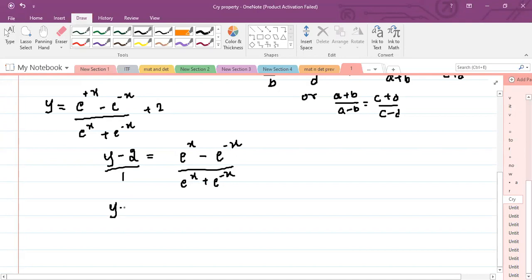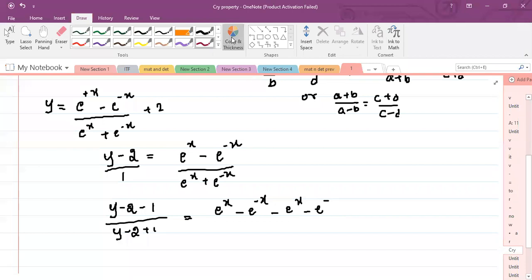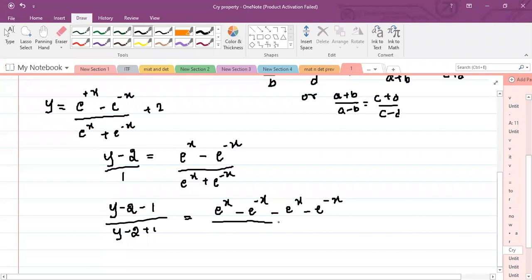Here I will write (y minus 2 minus 1) divided by (y minus 2 plus 1) is equal to (e raised to x minus e raised to minus x minus of e raised to x minus e raised to minus x) divided by the addition of numerator with the denominator, e raised to x minus e raised to minus x plus e raised to x minus of e raised to minus x.